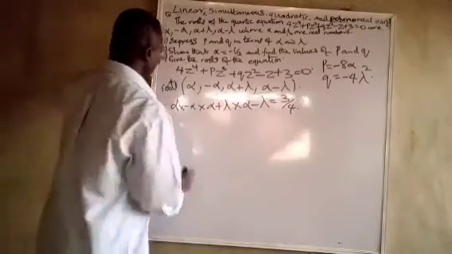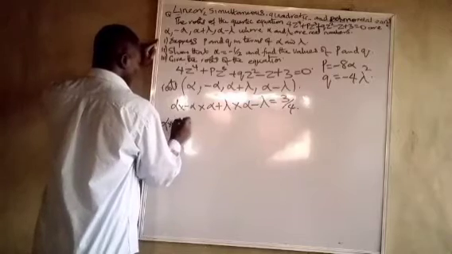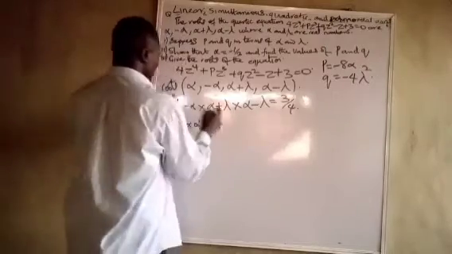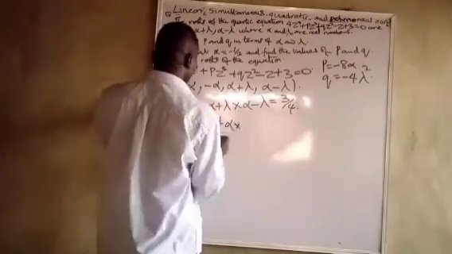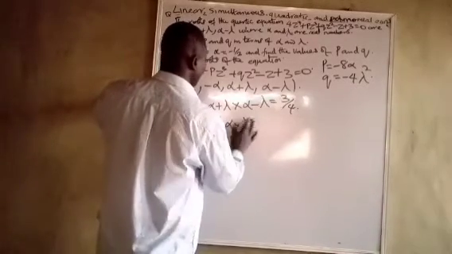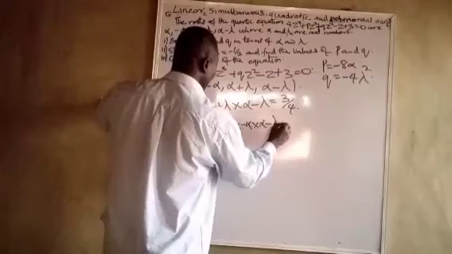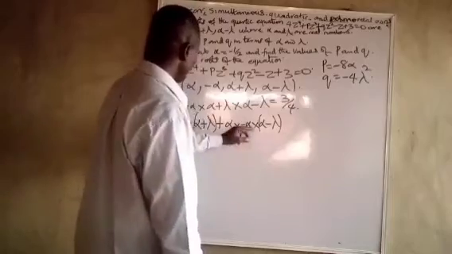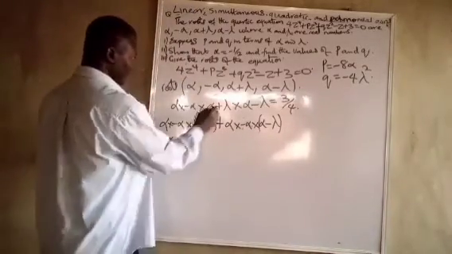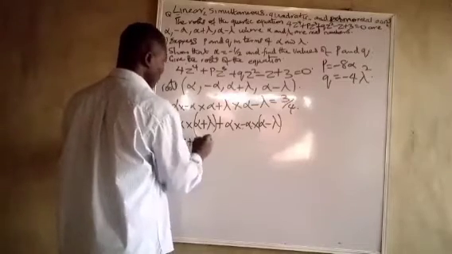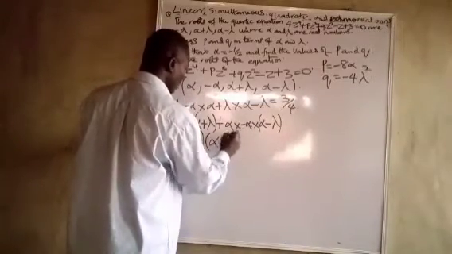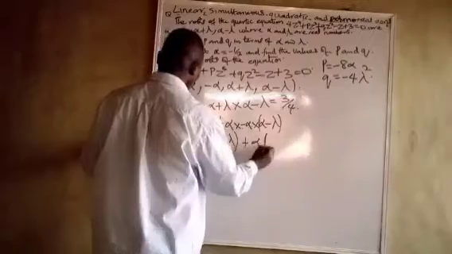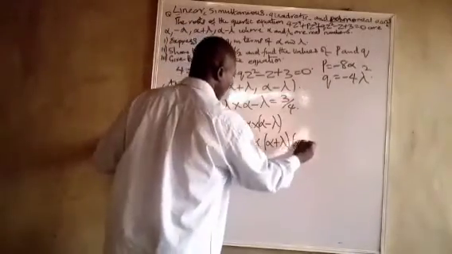So that is going to be alpha times minus alpha times alpha plus lambda, plus alpha times alpha plus lambda times alpha minus lambda, plus minus alpha times alpha plus lambda times alpha minus lambda, plus alpha times minus alpha times alpha minus lambda.